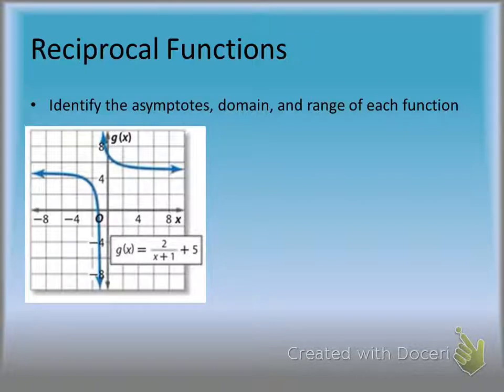You'll see there's two questions. The first one's going to ask for the vertical asymptote. The second one will ask for the horizontal asymptote, and then I'll show you the domain and range after the question. So for question 1, put in the vertical asymptote, and for question 2, put in the horizontal asymptote.